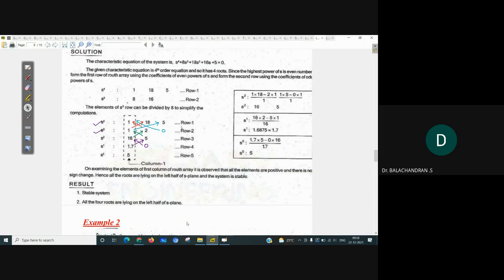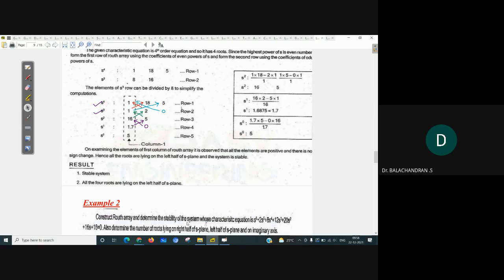Now I'll move to problem number 2. Construct the Routh array and determine the stability of the system whose characteristic equation is s power 6 plus 2 s power 5 plus 8 s power 4 plus 12 s cube plus 20 s square plus 16s plus 16 equal to 0.